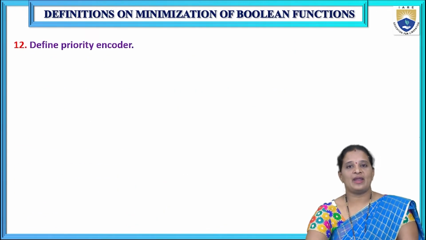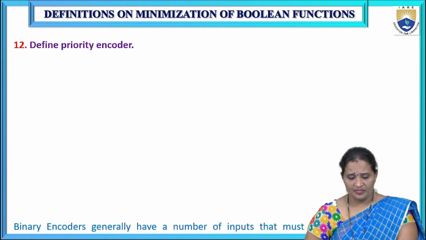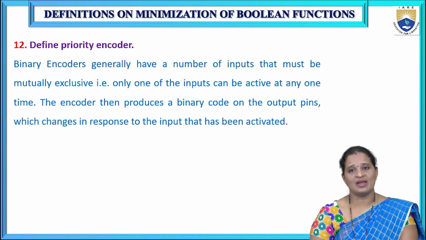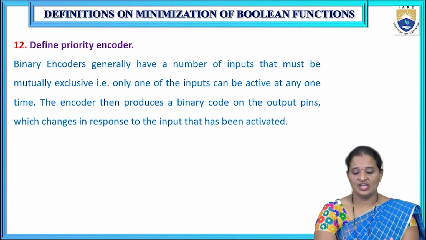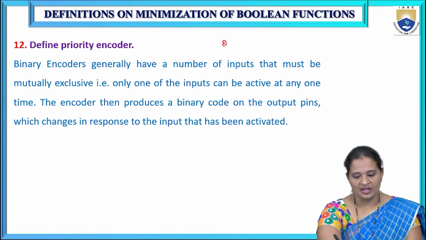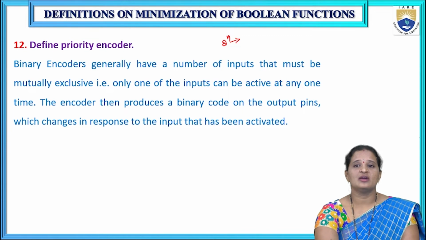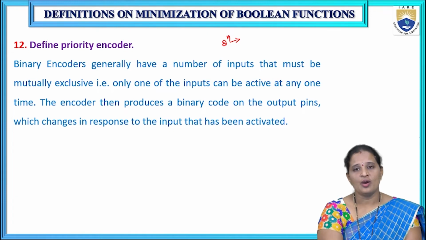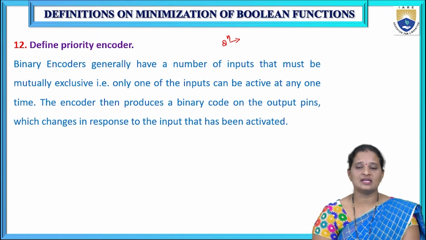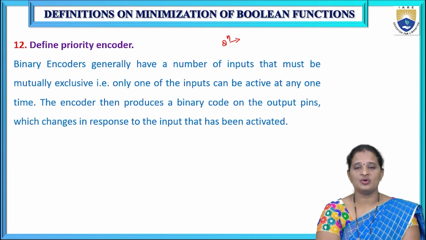Now define a priority encoder. A priority encoder is nothing but an encoder circuit in which each of the 2 power n input lines will be given a priority, and based on that priority any one of the input lines will be encoded into binary form. The line which has the highest priority will be converted into binary first, and then the next lines are going to be converted into binary.